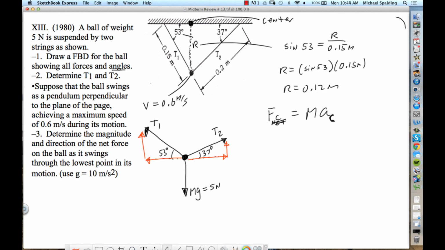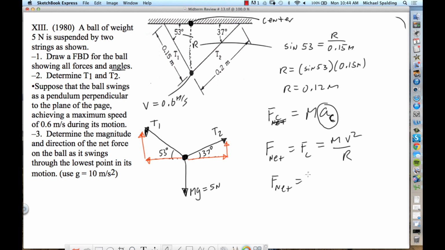Centripetal acceleration always points to the center of the circle. So the net force is a centripetal force, equal to m times v squared over r. The answer is mv squared over r.